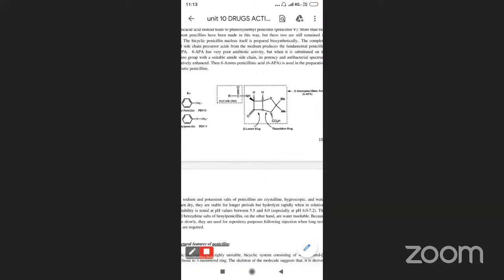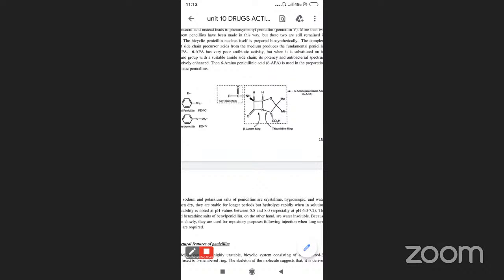In heterocyclic compounds you have a nomenclature system for how to name the 5-membered ring, 6-membered ring, with nitrogen, without nitrogen, when two heteroatoms are there. So this is a thiazolidine ring and a beta lactam ring, right?